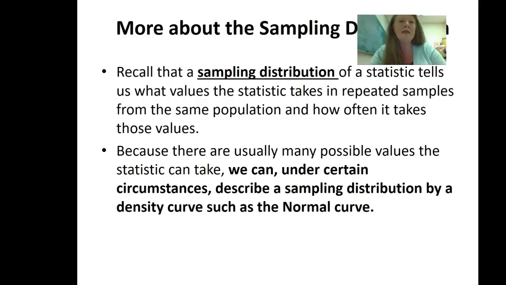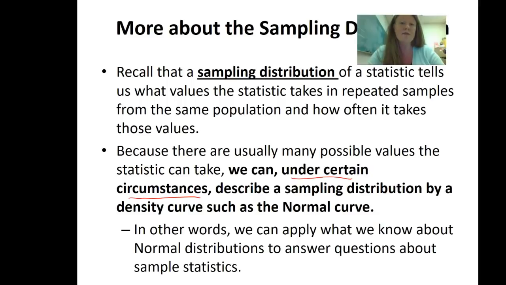And this is, again, what I tried to focus on in the last slide. So we have all these different values of the sample statistic. Under certain circumstances, we can describe the collection of sample statistics based on what we know about normal distribution. So that collection of sample statistics will be normal in shape under certain circumstances. And when it is normal, or when we can be confident that it's normal, we can apply what we know about normal distributions.